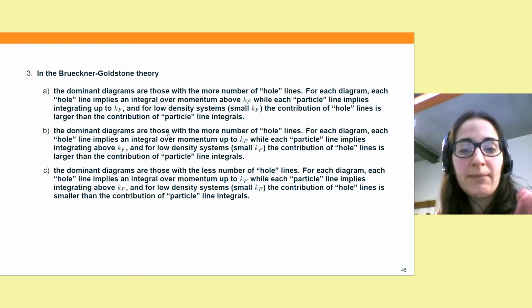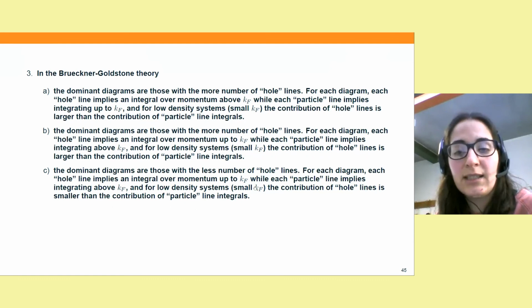Or, the dominant diagrams are those with the more number of hole lines again, because hole lines imply an integration over momentum up to KF, while particles is integration above KF. Or, the dominant diagrams are those with the less number of hole lines, because hole lines imply an integration over momentum up to KF, while particle lines imply an integration above KF. And for low density systems, small KF, the contribution of hole lines is smaller than the contribution of particle lines.